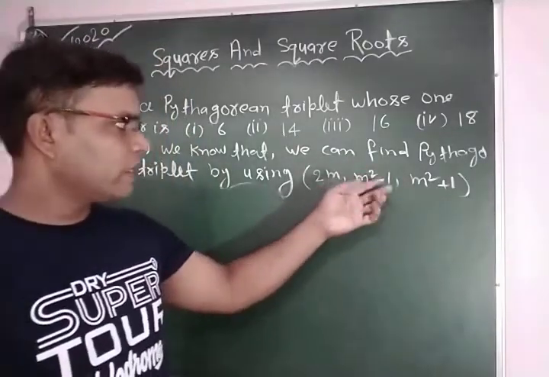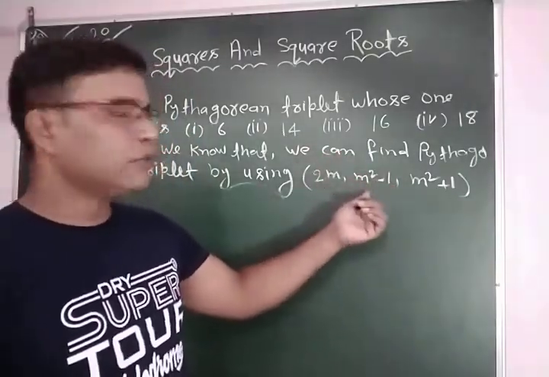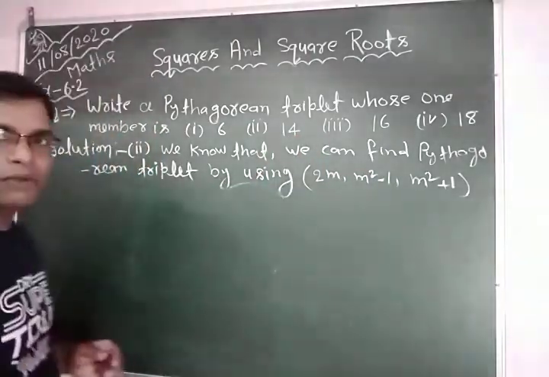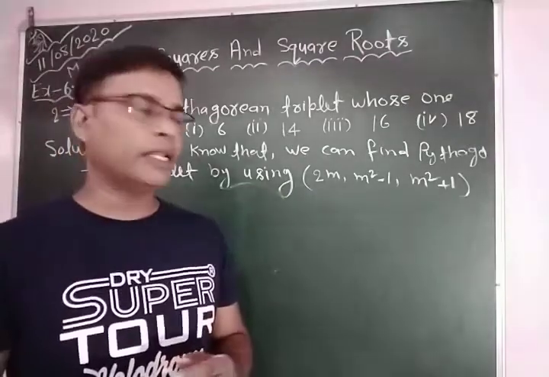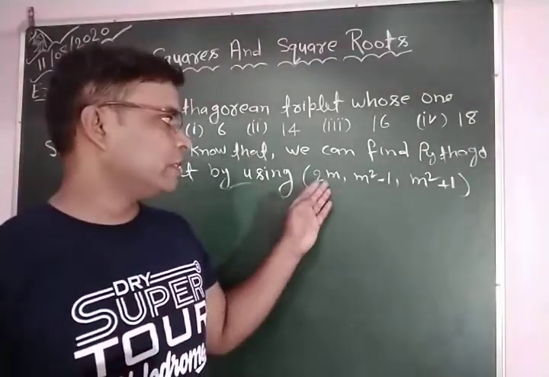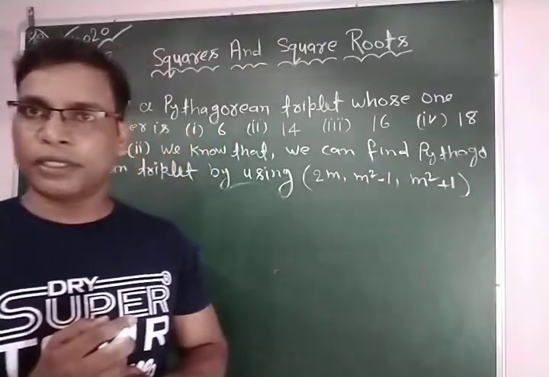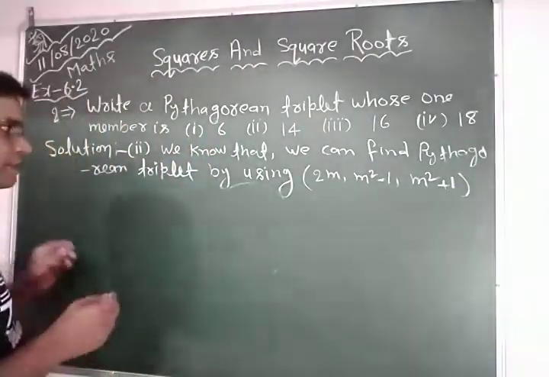So now we first let m square minus 1 be 14. We find the value of m and put the value of m in all three places, then we find the Pythagorean triplet. Clear? So let's see.